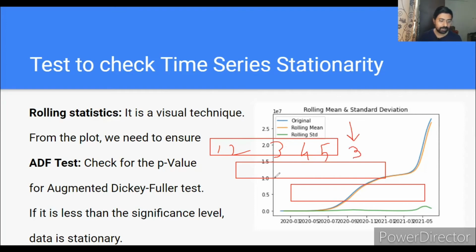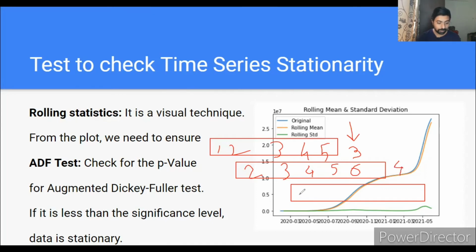The next one is 2, 3, 4, 5, 6, so the rolling mean will be 4.